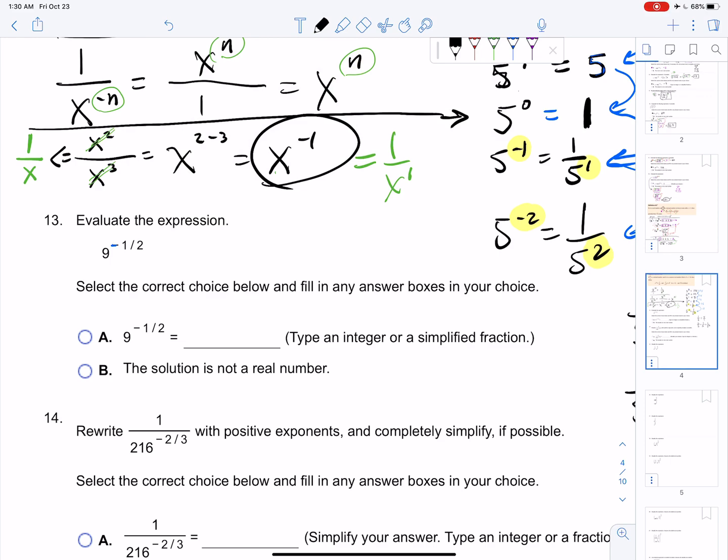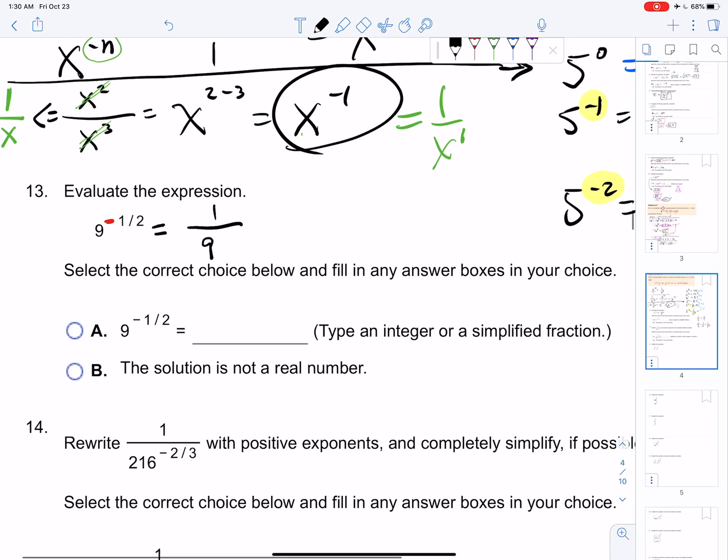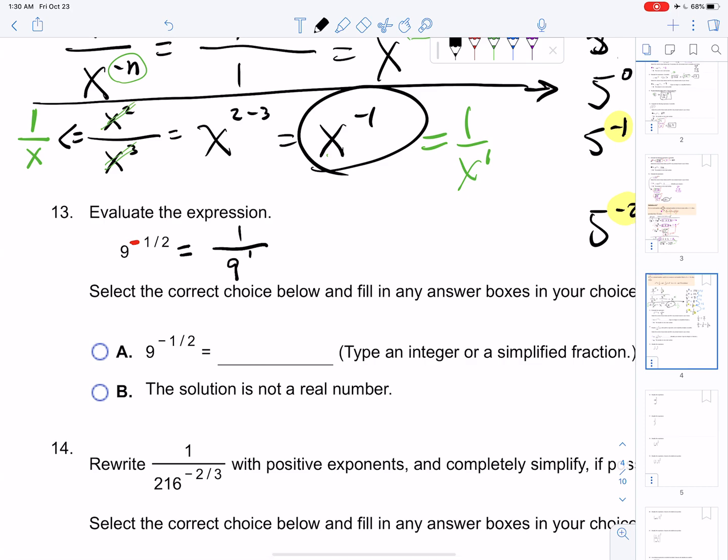Evaluate the expression. So here we are with this darn negative. I would say the very first thing to do with this problem is to deal with the negative. How do you deal with it? Well, write it as 1 over 9, now raised to what? The positive 1/2. That's dealt with the negative because we put it in the denominator.